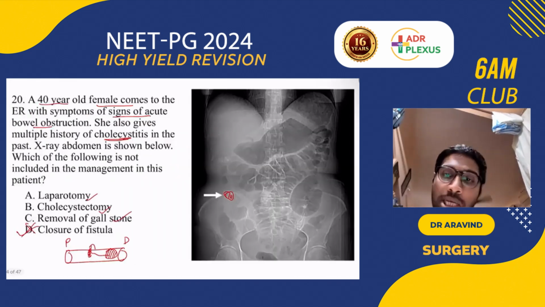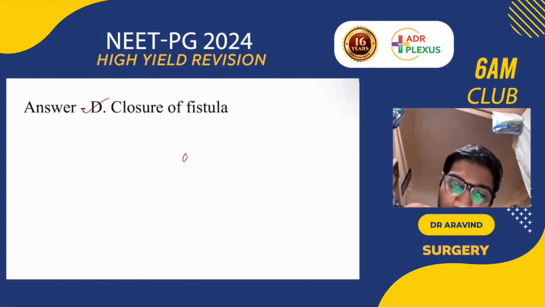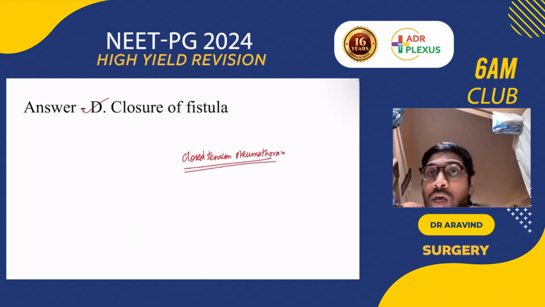So when someone asks me what is closed, tension pneumothorax. See, closed pneumothorax means the pleura gets injured and from which it is causing pneumothorax. That is a normal pneumothorax which we encounter. That is a tension pneumothorax.